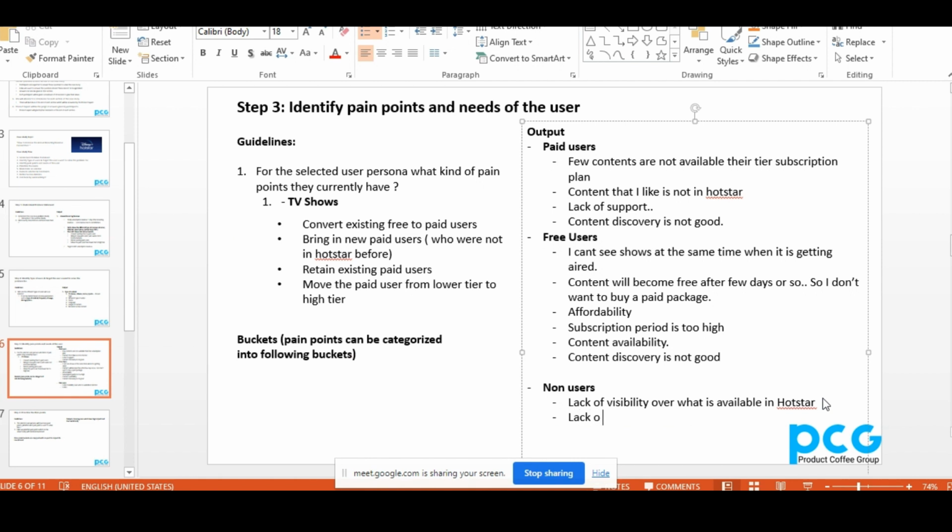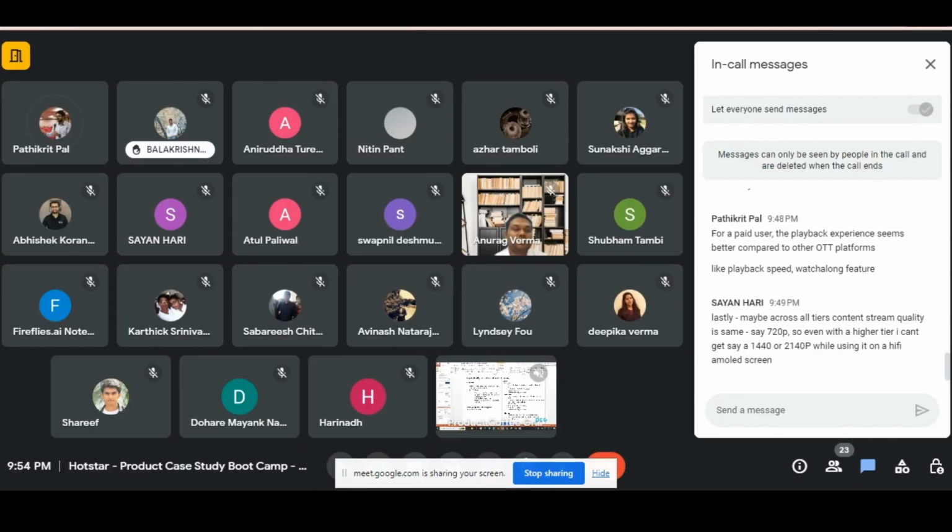Lack of unique features that I want, that is present somewhere else. Okay, got it.